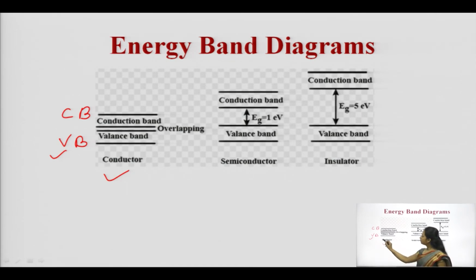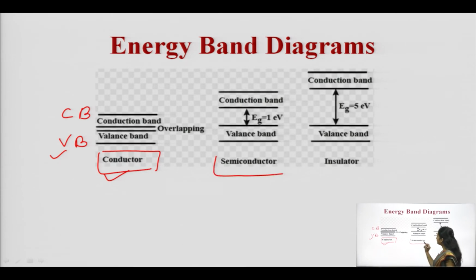So, in case of the conductor, you can see the valence band and conduction band may touch each other or they may overlap. So, conductors have very good conductivity if you compare all these three on the basis of conductivities. Means here electrons can easily participate in the conduction process.